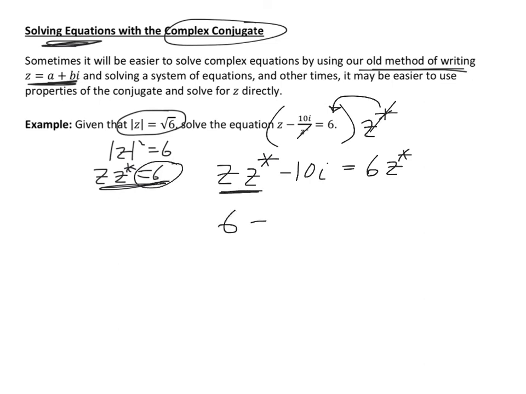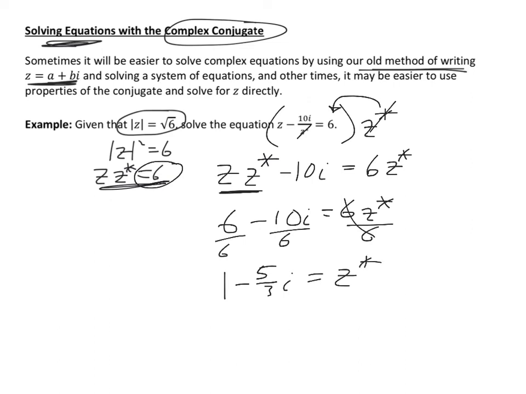So now I have 6 minus 10i equals 6z star. Now, I want to solve for z, so let's just divide by 6. If I divide everything in the problem by 6, I'm going to get 1 minus 5/3 i is z star. And that means we can tell what z is, can't we? Doesn't that mean z is 1 plus 5/3 i?